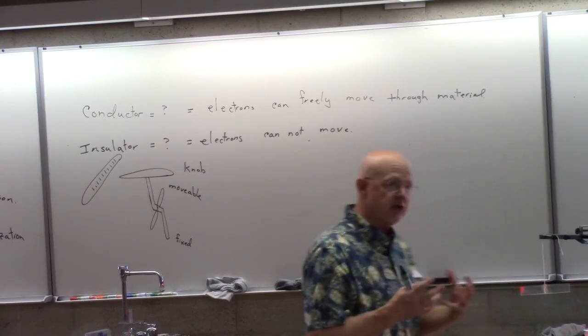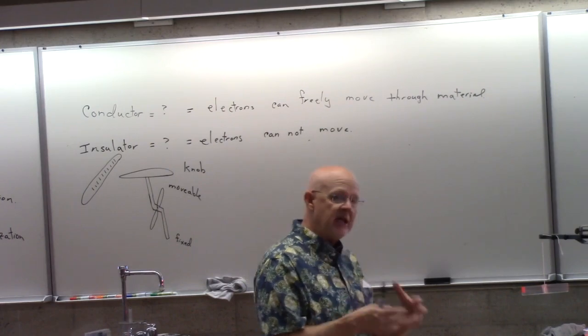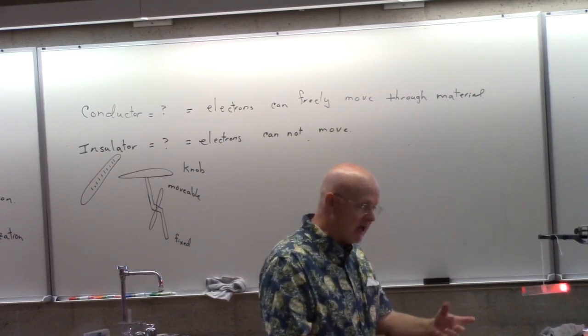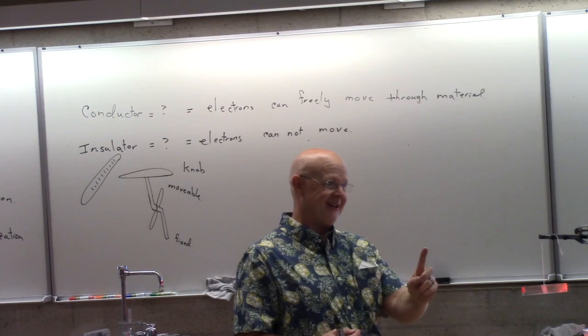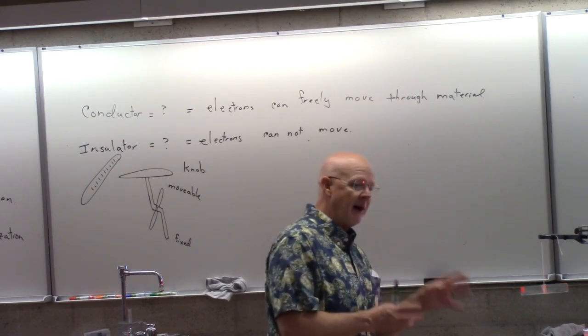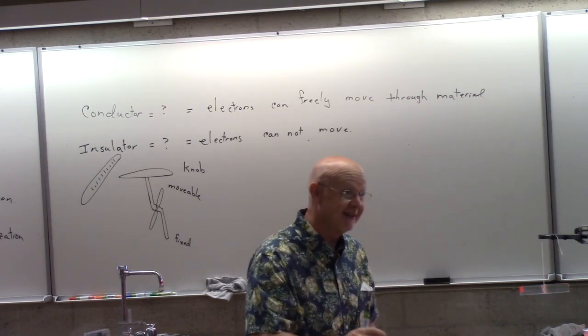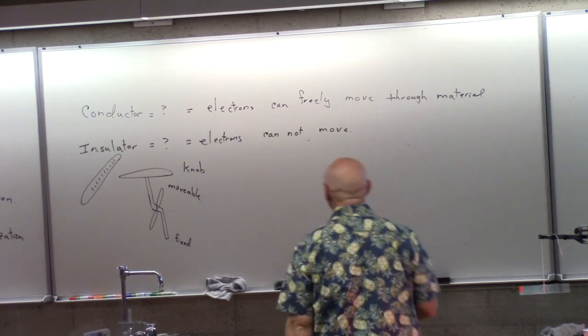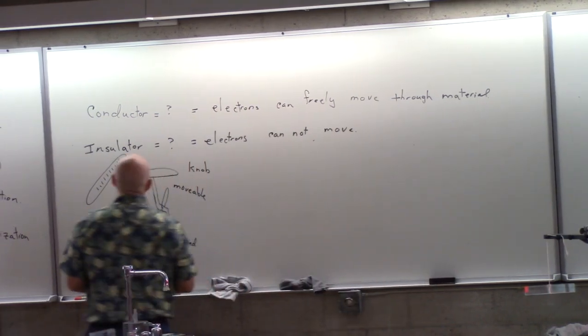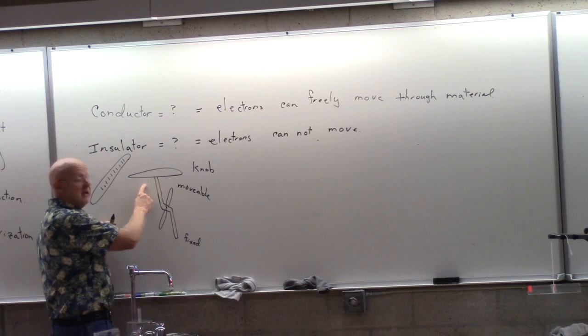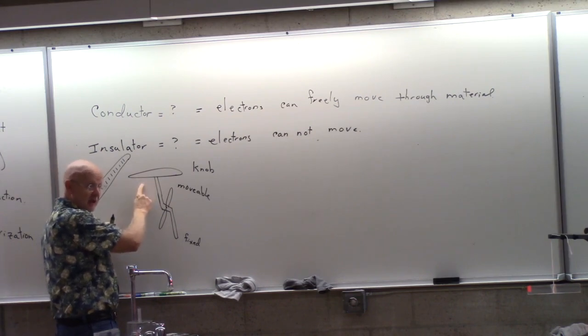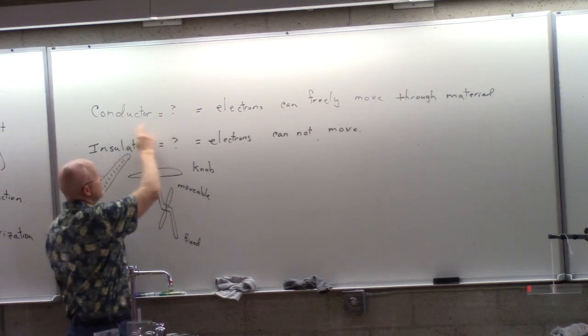But watch something interesting. If it has not only an equal number of positives and negatives, but it's a conductor, that means it has an equal number, but they can move around. And that's exactly what's happening here. In this knob is a bunch of positives and negatives, but the negatives can move. It's a conductor.